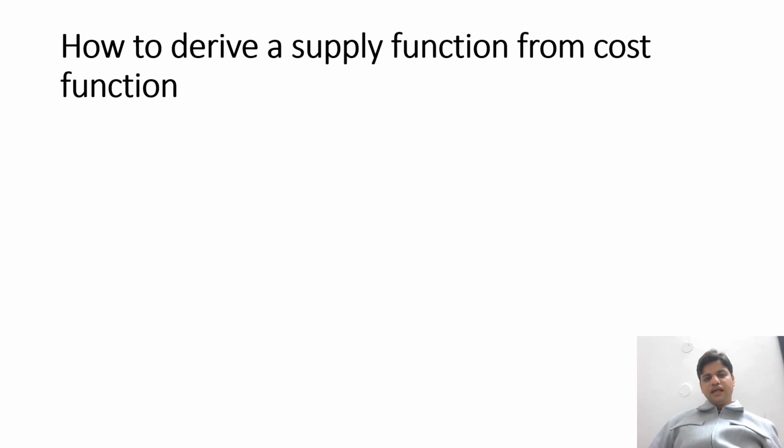Now, how to derive a supply function from a cost function? There are two approaches, the cost function approach and the profit function approach. Right now we are going to discuss the cost function approach for deriving a supply function. This is the basic approach. Initially we have to obtain a cost function, which you may do by estimating the cost function through regression or non-parametric methods, whatever.